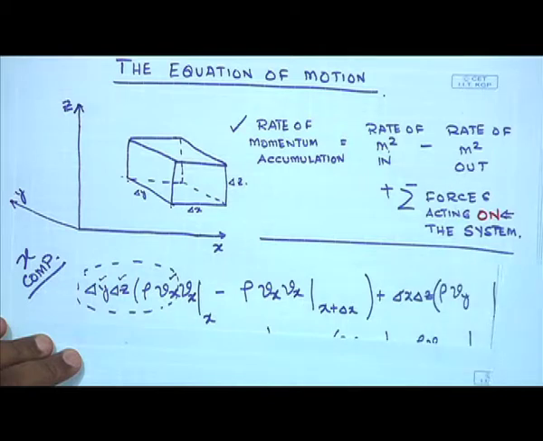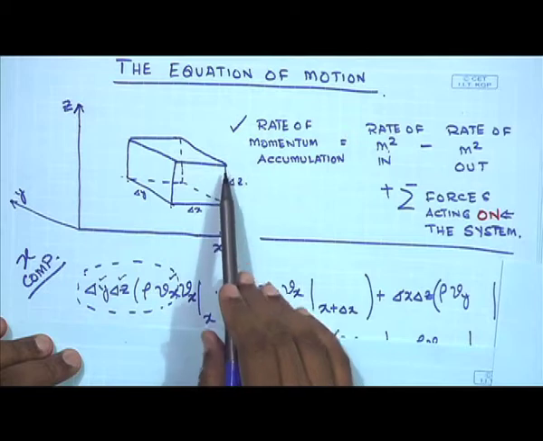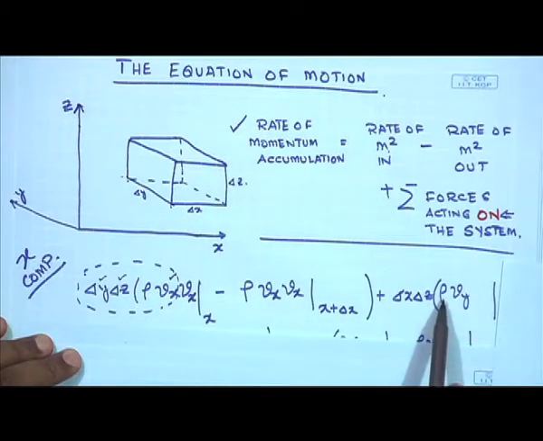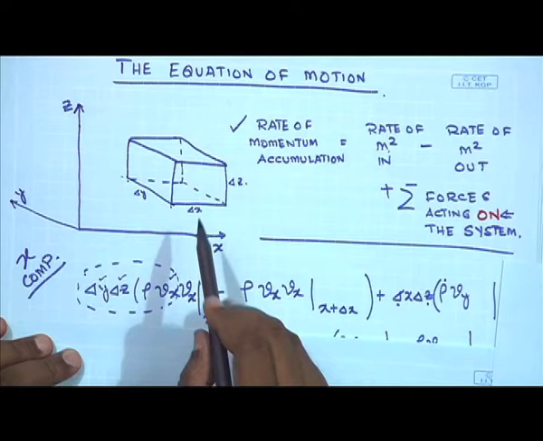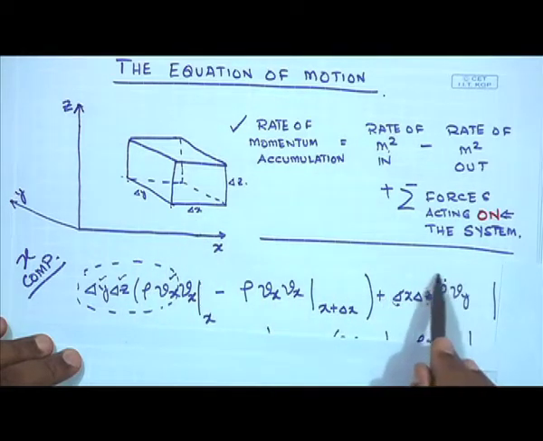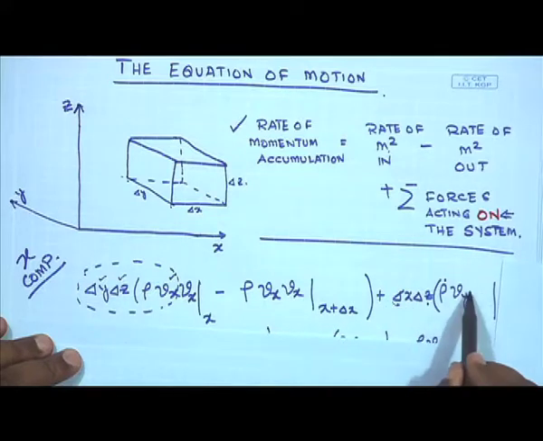Similarly, when we talk about the del x del z phase, this is the y phase, the amount of mass which is coming in through the y phase must be equal to the area times rho times the y component of velocity. So the amount of mass which is coming in is equal to this much, but this amount of mass has an x component of velocity.